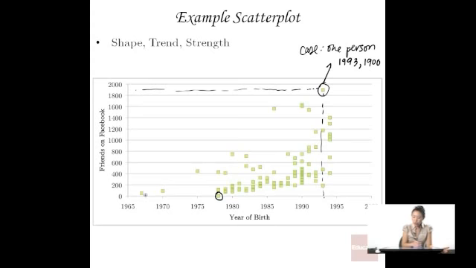And one thing you might notice about this is that there's this shape here. It seems to rise almost, right? So if we drew some sort of line that would cut through this, maybe it would be a line like this, where as you see the year of birth increase, so these people are younger, right?